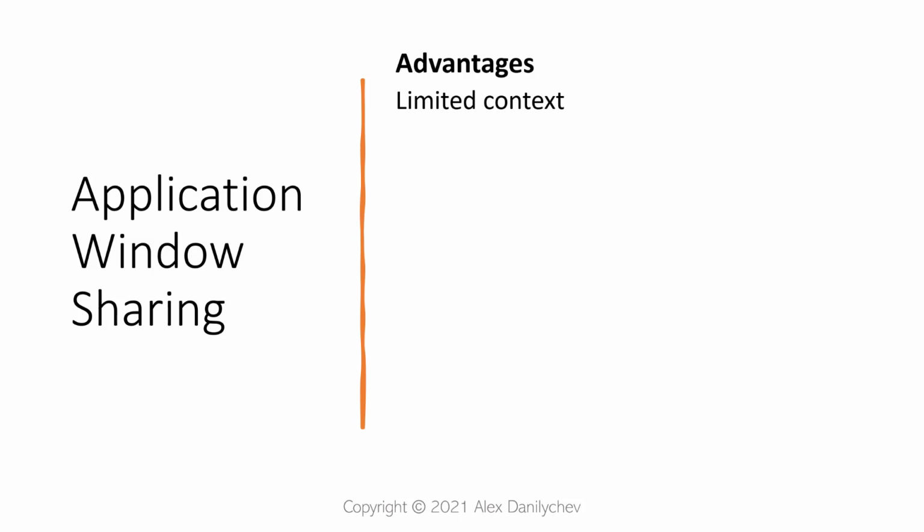One of the advantages that application window sharing introduced is that we're not compelled to share our entire desktop. We can actually limit the context to one window only, or maybe a couple of windows for one particular application. Sharing picture quality can also improve because, again, it depends on the nature of the application sharing application.